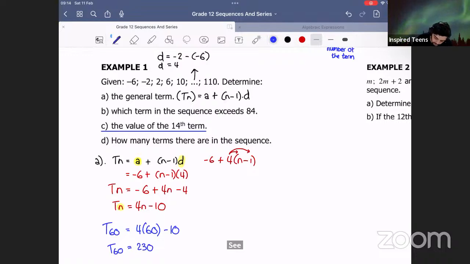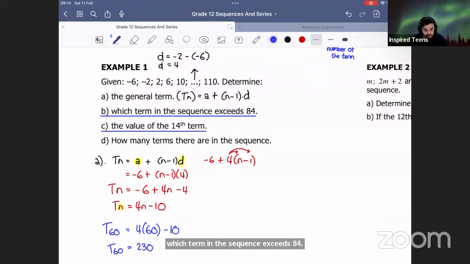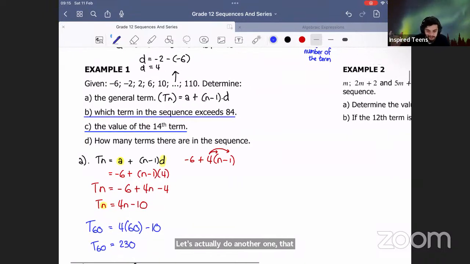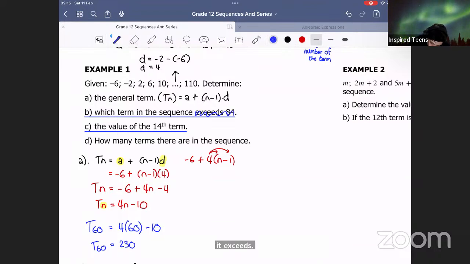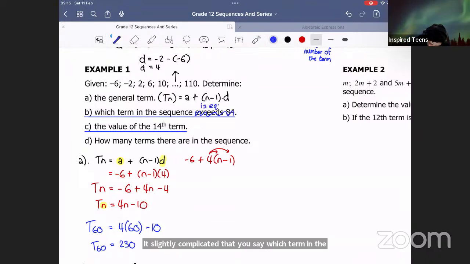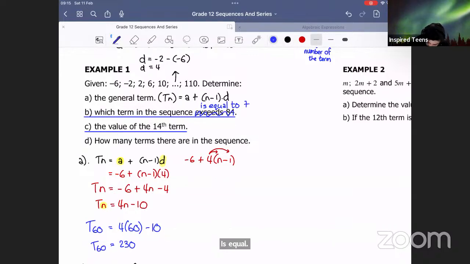Okay, let's talk about B. Which term in the sequence exceeds 84? Before we do this one, let's actually do another one, because the word exceeds is slightly complicated. Let's just say which term in the sequence is equal to 70.